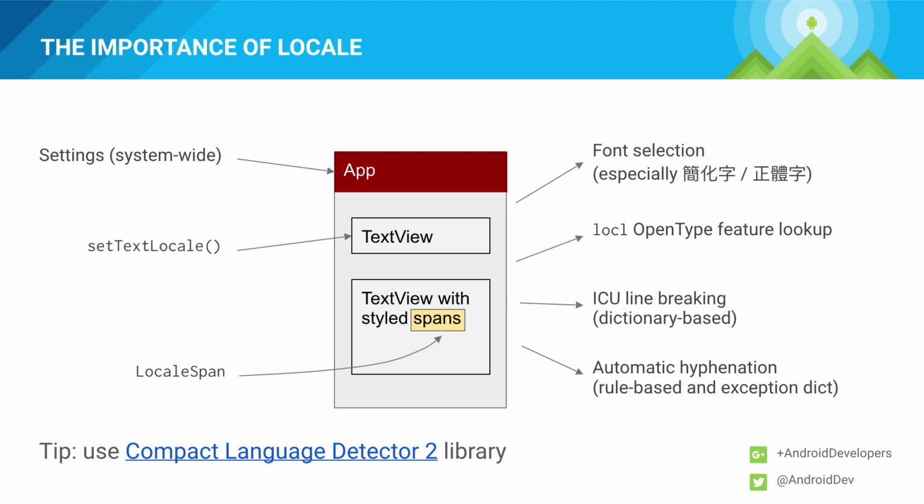They won't be as nice, they won't be as polished as if you set that locale correctly. So there are 3 different ways that locale flows into text in Android framework text. There are the settings, which are system-wide and control a default locale. And of course, this is the default. This is what happens if you don't do anything.